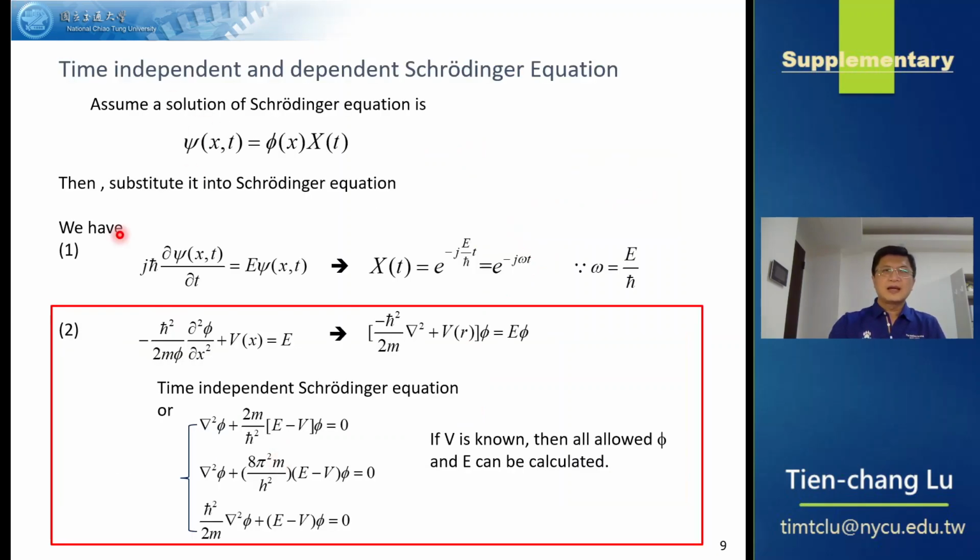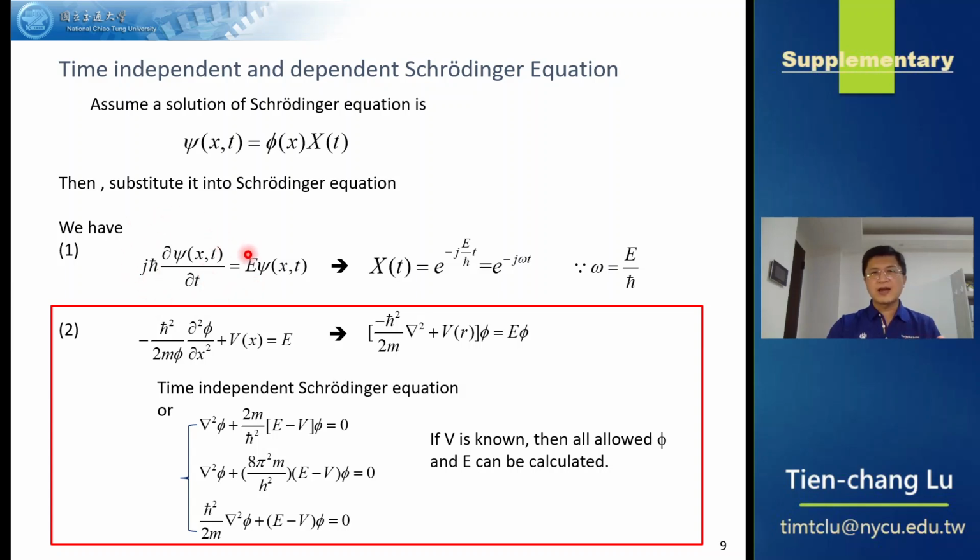Now let's turn to the time-independent and time-dependent Schrödinger equations. We already know that the solutions of the Schrödinger equation can be separated into a spatial-dependent and a time-dependent part. So we substitute this into the Schrödinger equation.